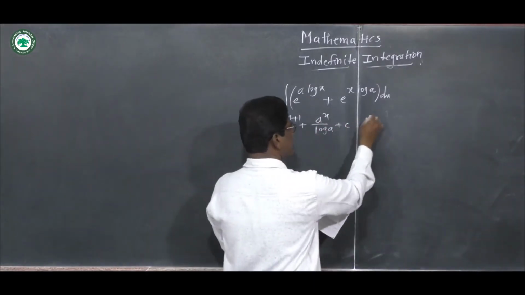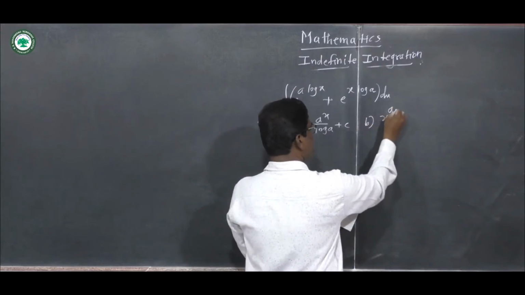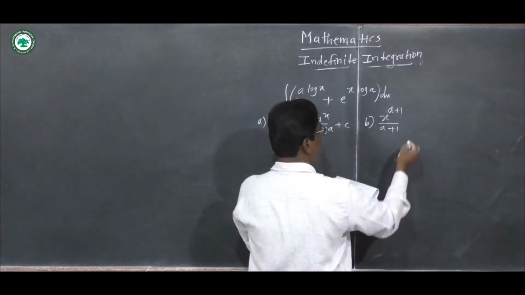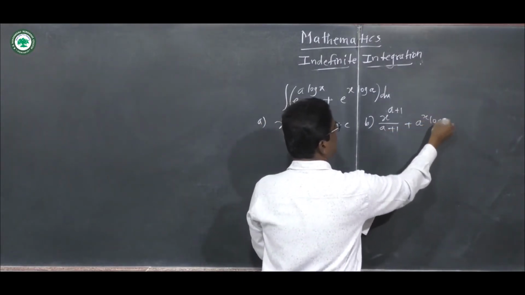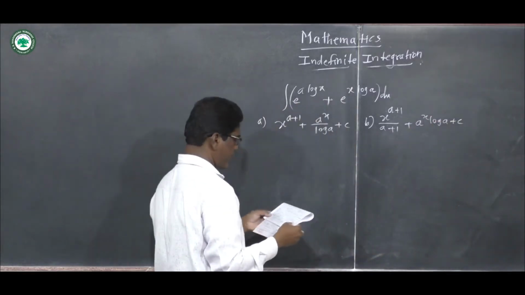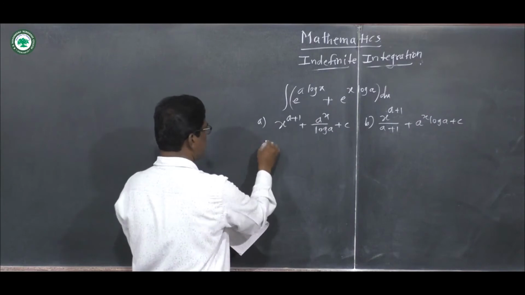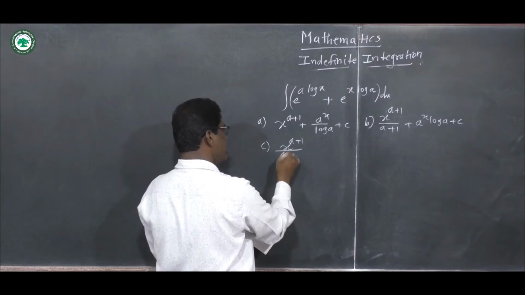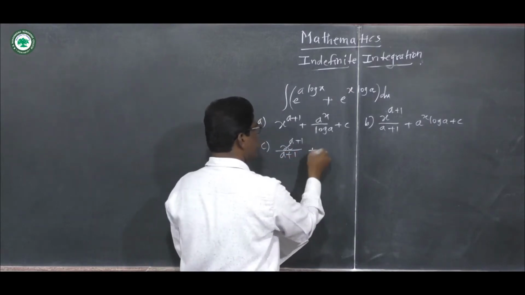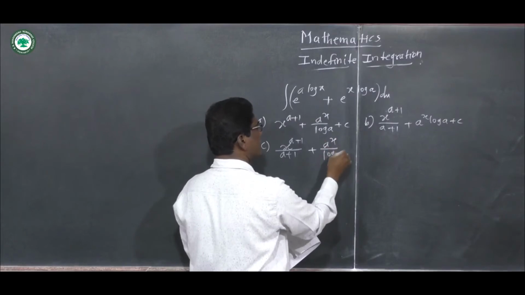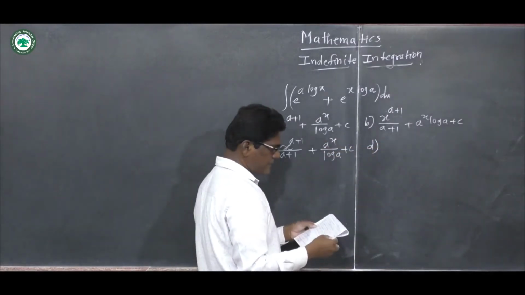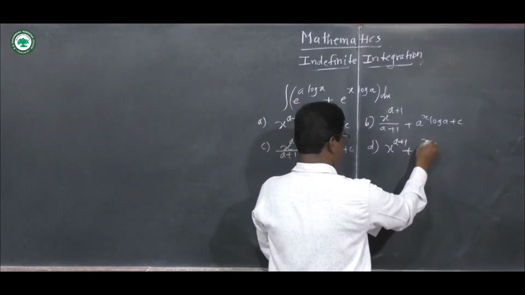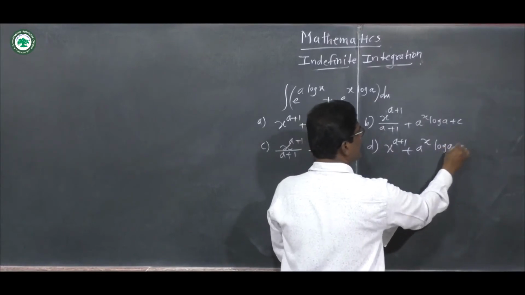B, x to the power a plus 1 upon a plus 1 plus a to the power x into log a plus constant of integration. C, x to the power a plus 1 upon a plus 1 plus a to the power x upon log a plus constant of integration, and D, x to the power a plus 1 plus a to the power x into log of a plus constant of integration.